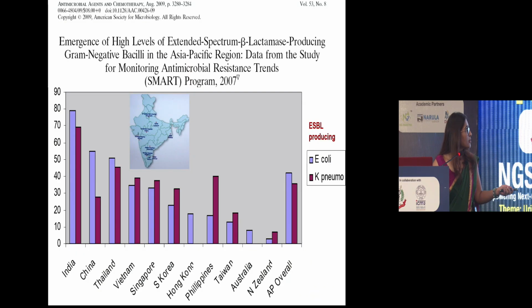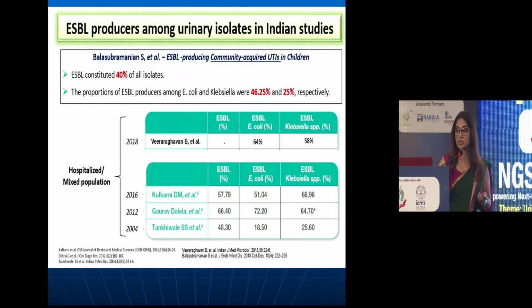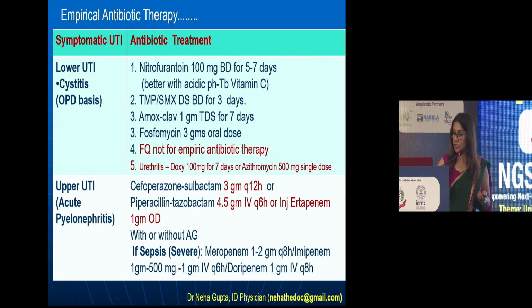We all are aware that there has been evolution, and we have a very high prevalence of ESBLs in hospitalized patients, 70 to 80%, and even in the community there is a high risk of 30% ESBLs. So, this table briefly summarizes what should be started empirically in a patient who has a lower UTI or cystitis.